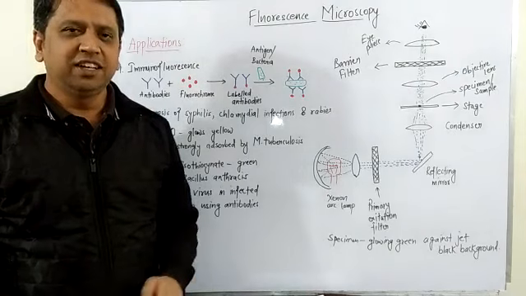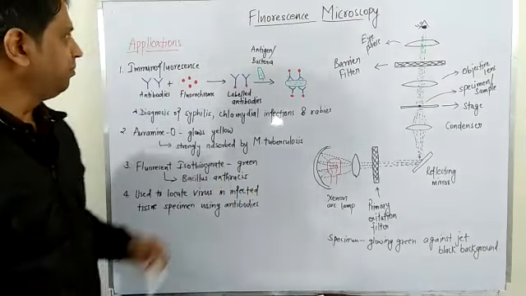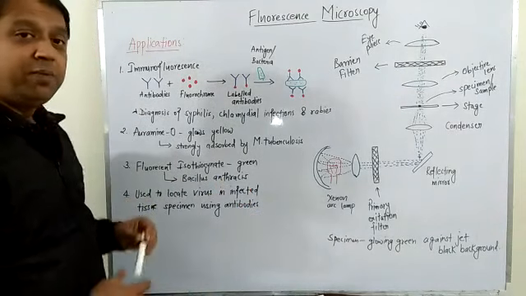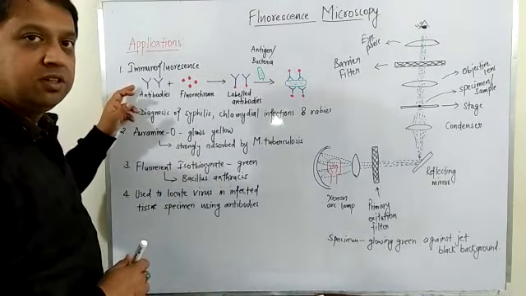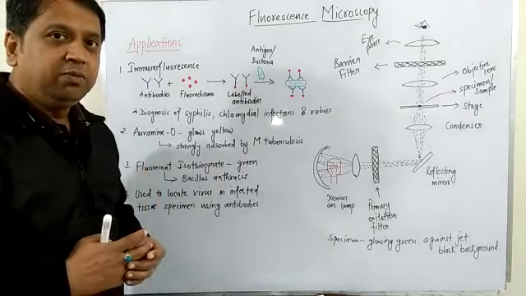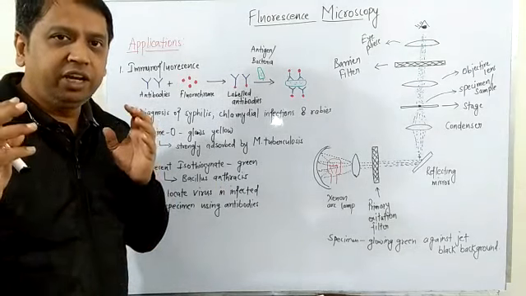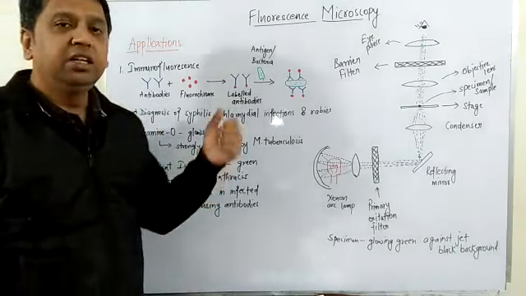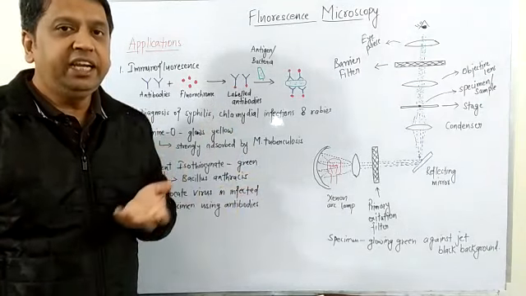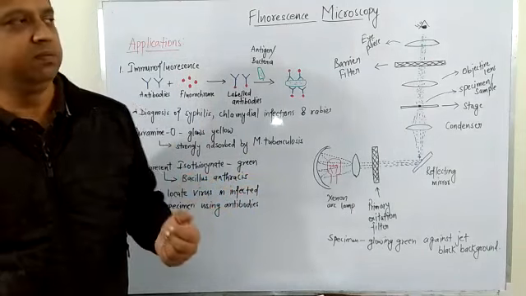Now let us discuss the applications of fluorescence microscopy one by one. The first and very important application is immunofluorescence. Immunofluorescence is a kind of antigen antibody reaction in which we can determine the antigen present in the sample of patient serum.